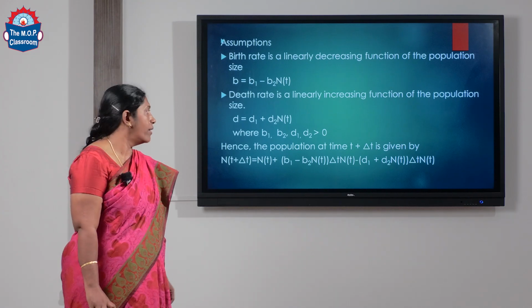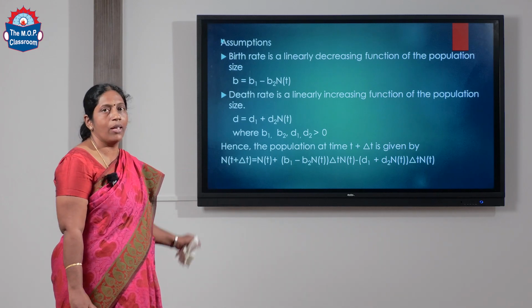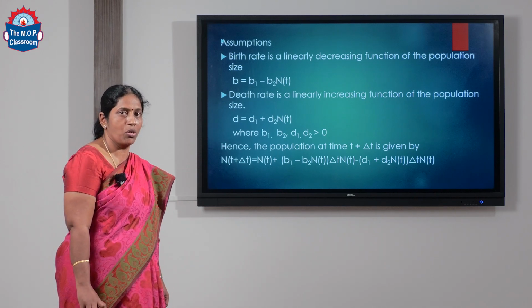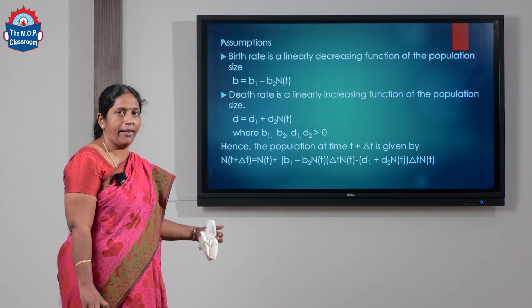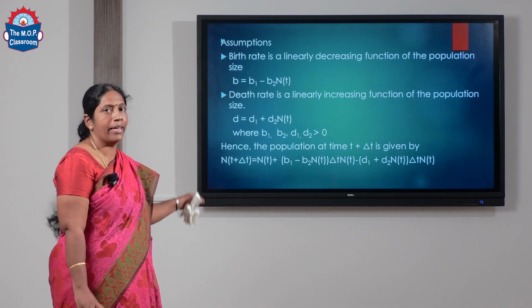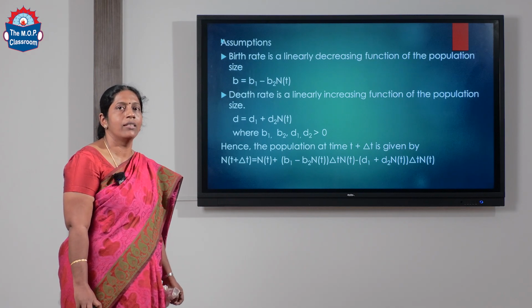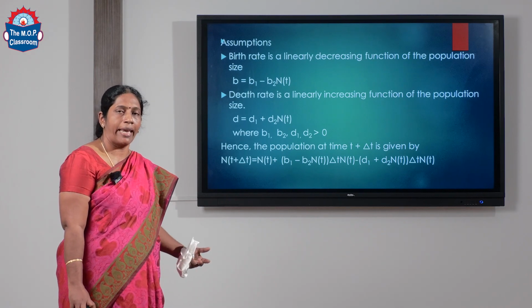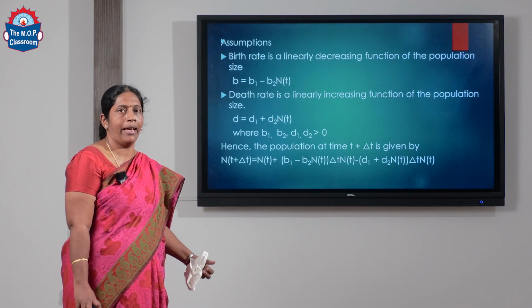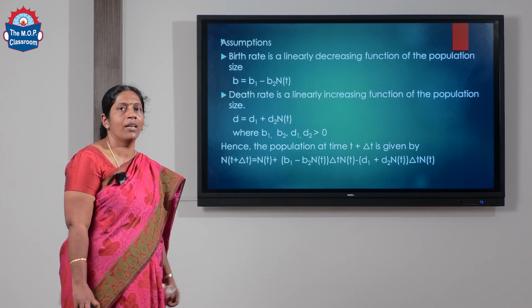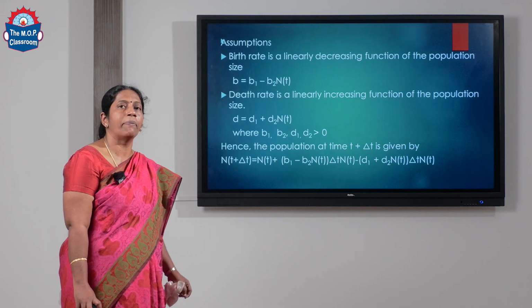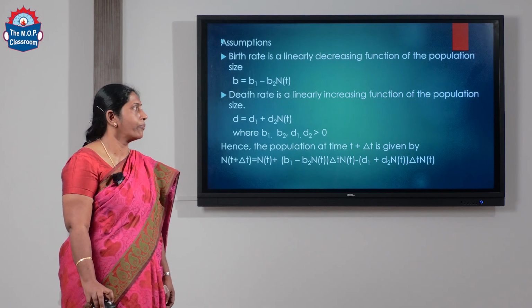In the expression of the simple population growth model, we have substituted the values for B and D and we arrive at the following expression. So this is the basic expression which governs the logistic model. Now again this equation can be arranged as a differential equation and it can be solved to obtain the expression for N of t.